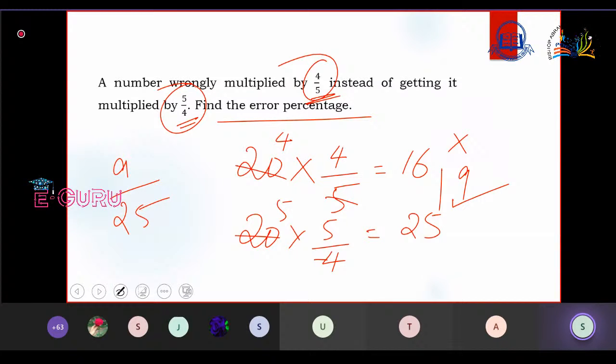So this error in terms of 25 is 9. Error percentage means we need to convert it into 100. So the error for 25 is 9, which means the error percentage is 9 by 25 into 100. That is 36%. 36% is the error percentage.